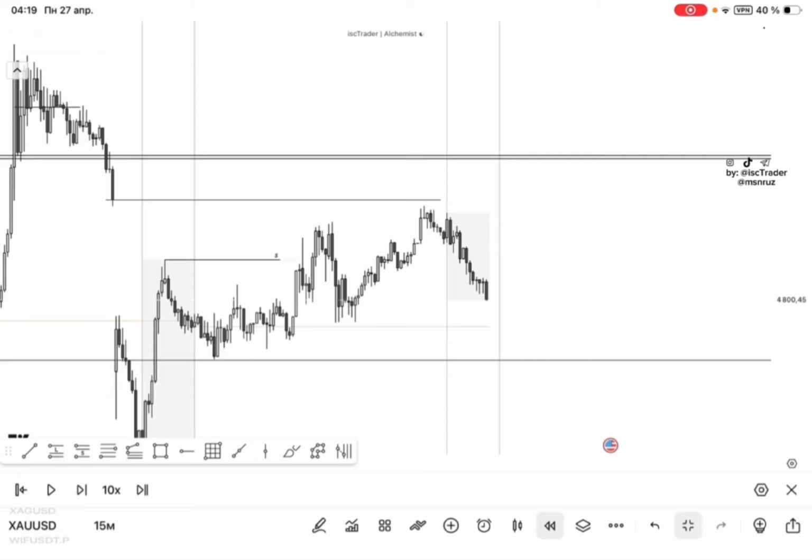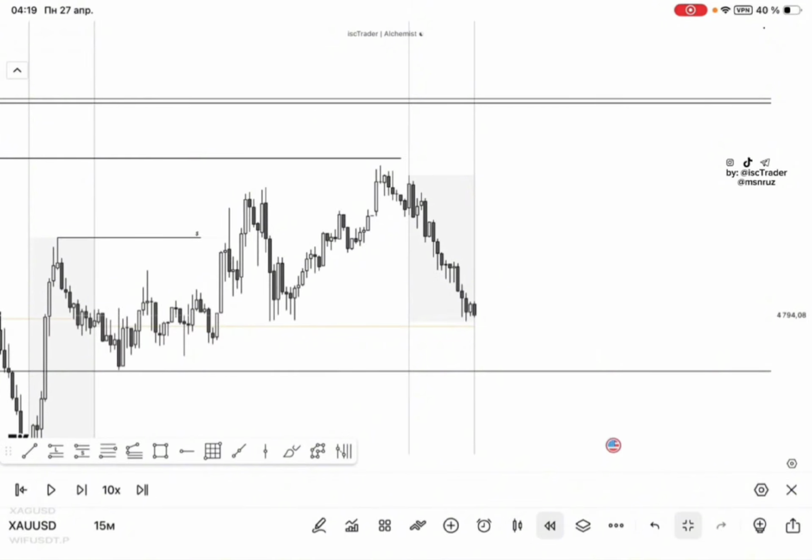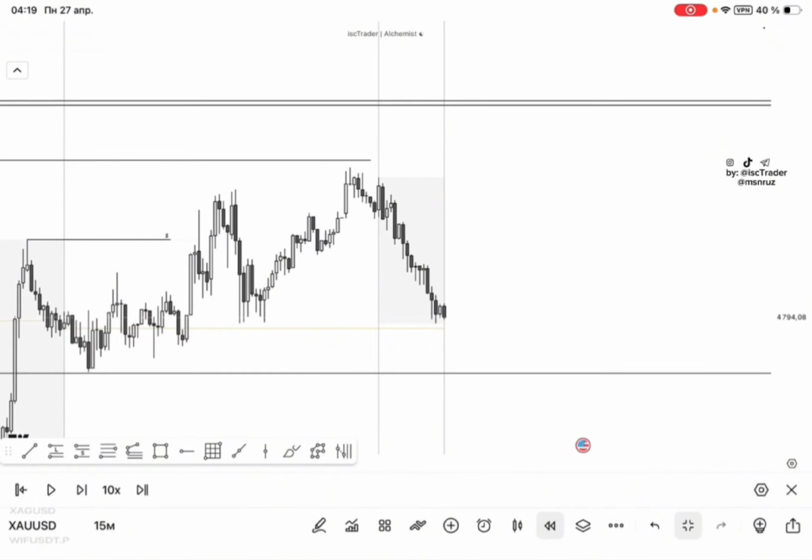The market didn't reach our key level, and we do not engage in any trading. And we wait for the next Asia session.